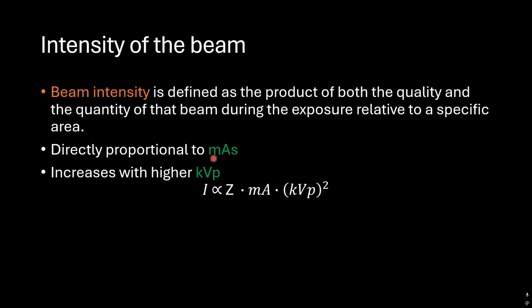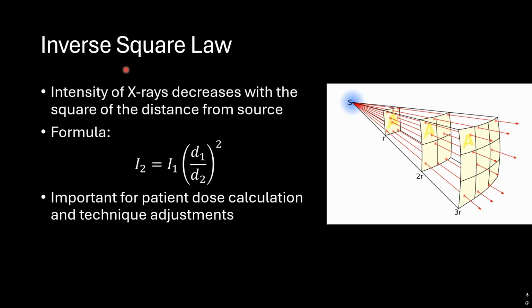So the intensity will be affected by the kVp as well. The intensity of the beam is proportional to the atomic number of the target, proportional to the mA, or the current, and proportional to the kVp squared. So in this case, increasing kVp will have a much higher effect on the intensity than the mA and the atomic number.